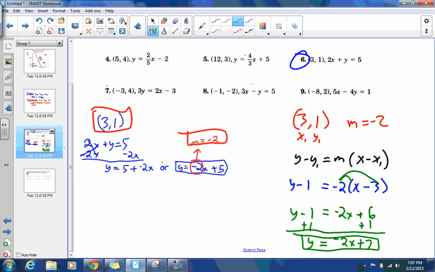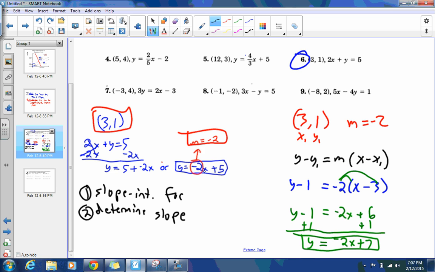So the big keys here are: one, have your original equation in slope-intercept form so that you can figure out the slope. Number 2, determine the slope. Again, slope is really easy in slope-intercept form because it's just the number before the x.